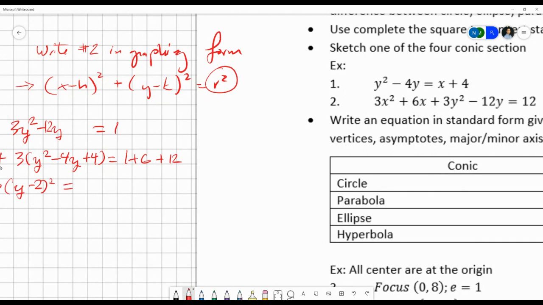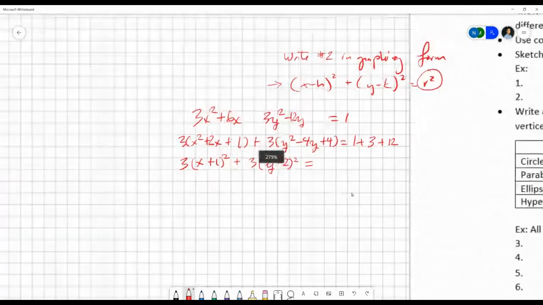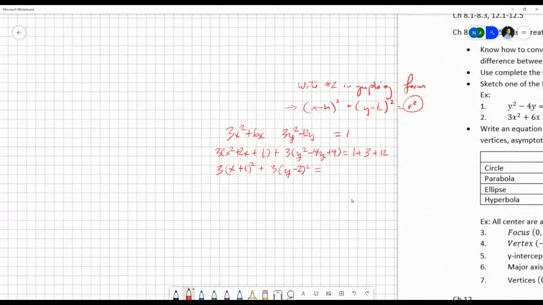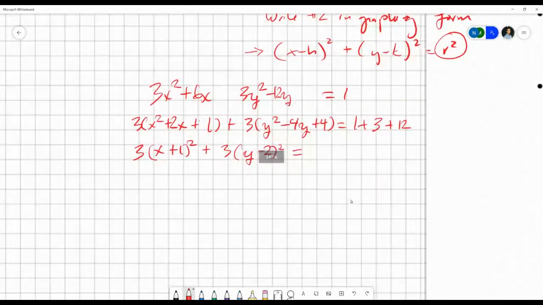This is going to be plus 3. There we go. 15, 16 plus 12.